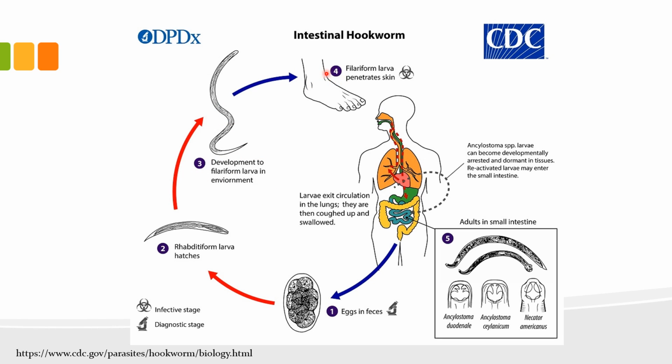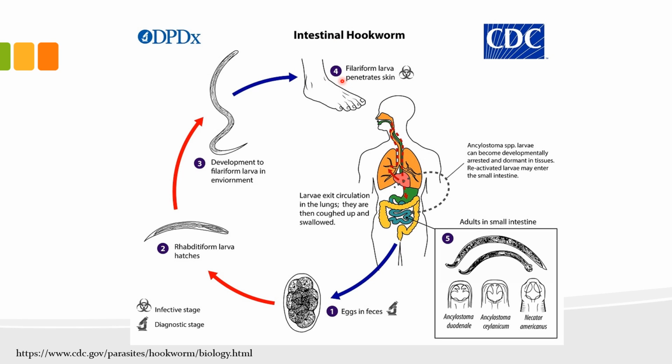Later, the filariform larva will penetrate the skin of the host. So at number 4, the infective larvae, which are the filariform larvae, on contact with the human host, typically a barefooted host, will penetrate the skin and are carried through the blood vessels to the heart and then to the lungs.